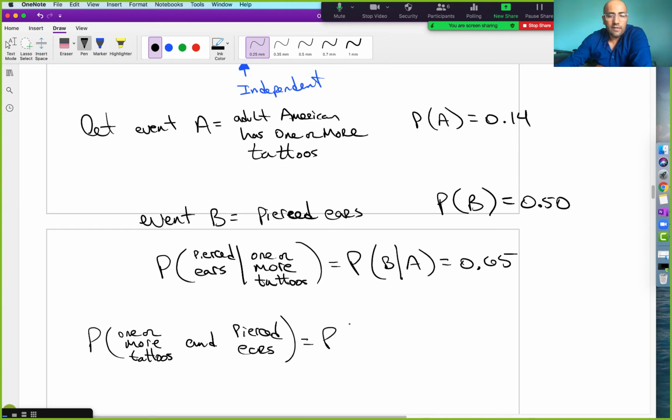So in terms of our letters here, this is probably an A and B. Good.